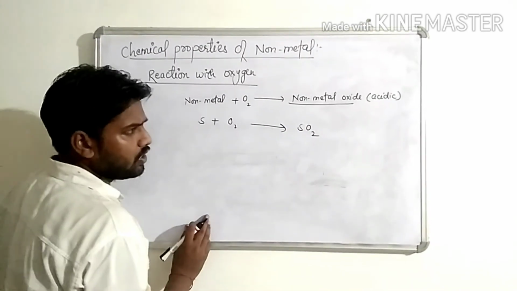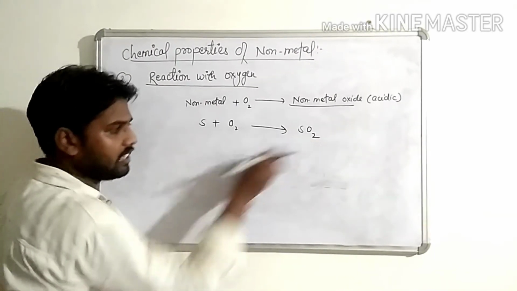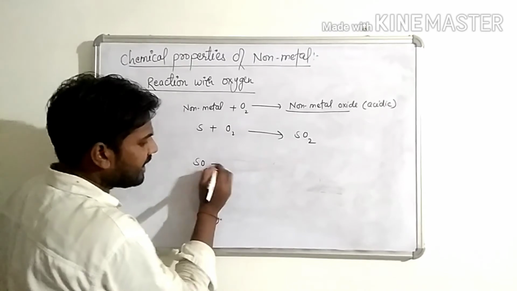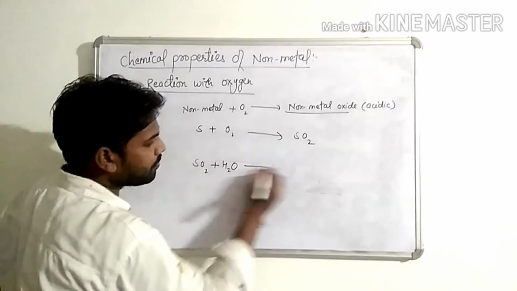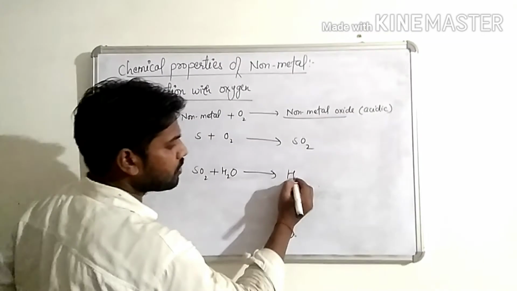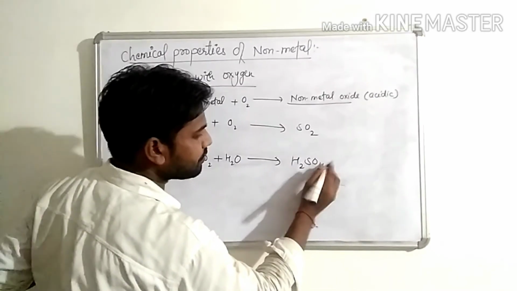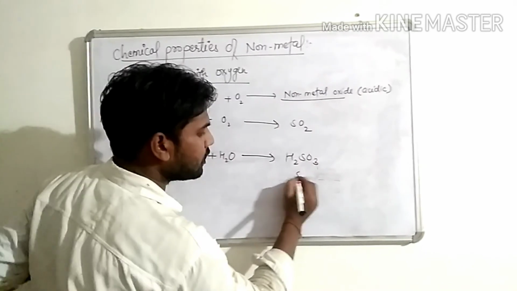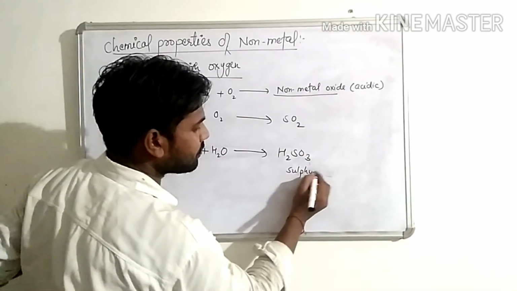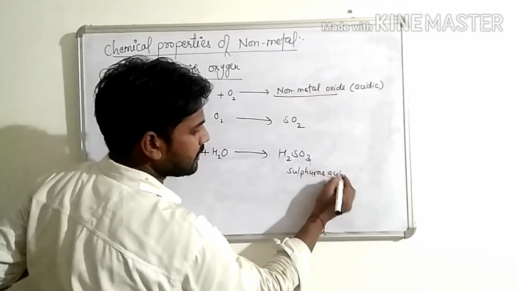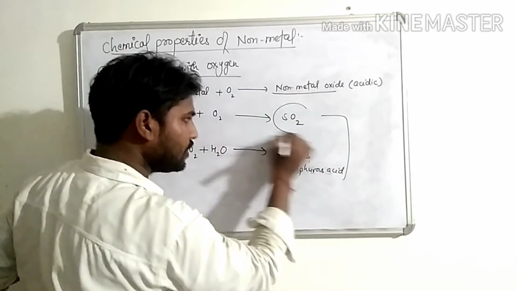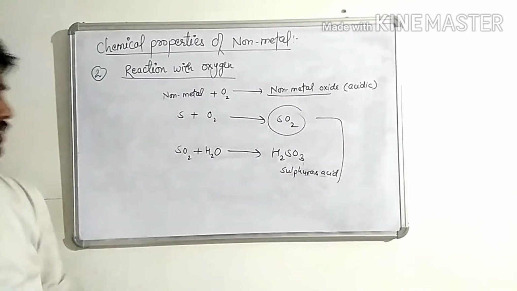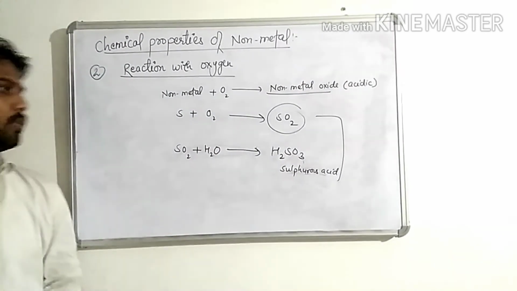Again, children, if you want to check whether this gas is acidic, react it with water. It forms sulfurous acid. It means this nonmetal oxide is acidic in nature. Clear, children? From both examples.